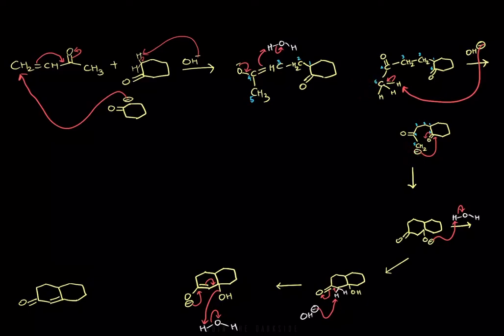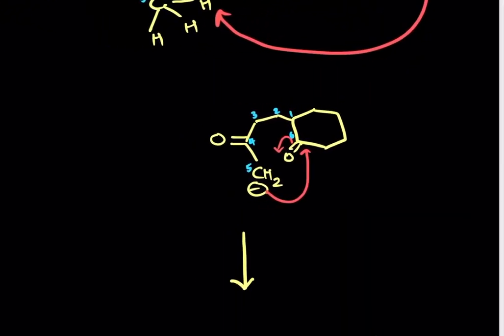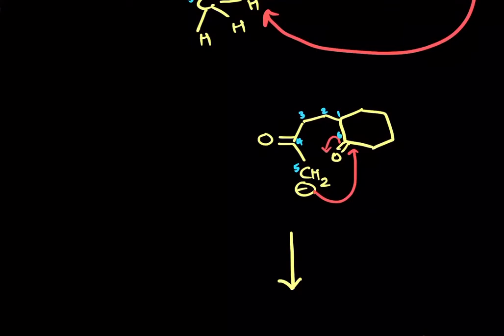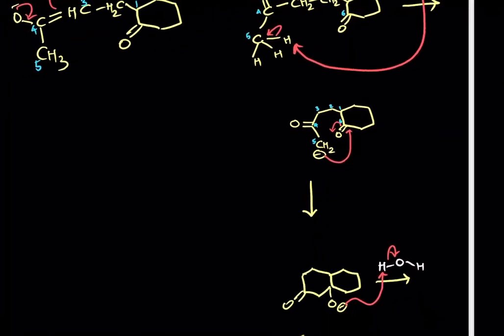Remember, whenever there is a nucleophile and an electrophile in the same molecule, there is going to be an intramolecular reaction. Here is the nucleophile, and the carbonyl group is going to be the electrophile. The enolate ion attacks the carbonyl carbon present in the same molecule and thrusts those electrons onto oxygen.